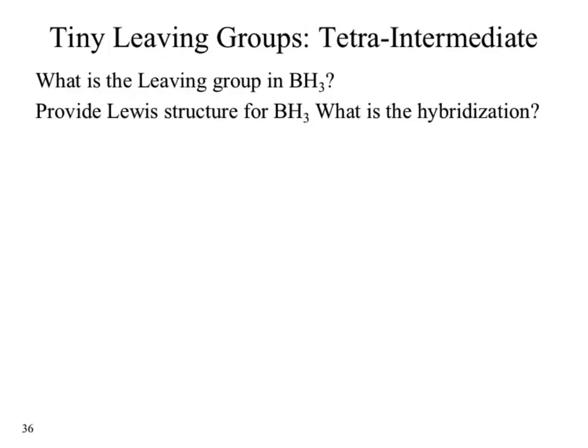A little bit. Good. So our leaving group in BH3 was our Lewis structure. What's the hybridization for the boron? sp2, which means there's a leftover p orbital, which is currently aimed in and out of the plane at you.